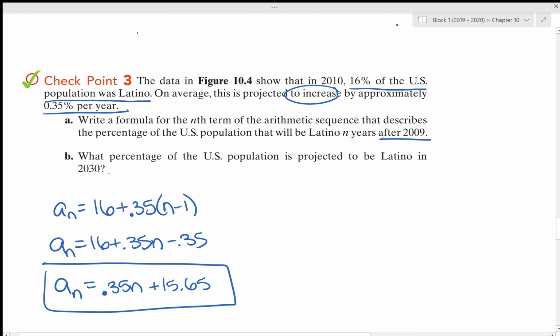Now for B, for 2030, I'm going to use this formula again. Remember, 2030 is going to be 21 years. So I'm finding a of 21.